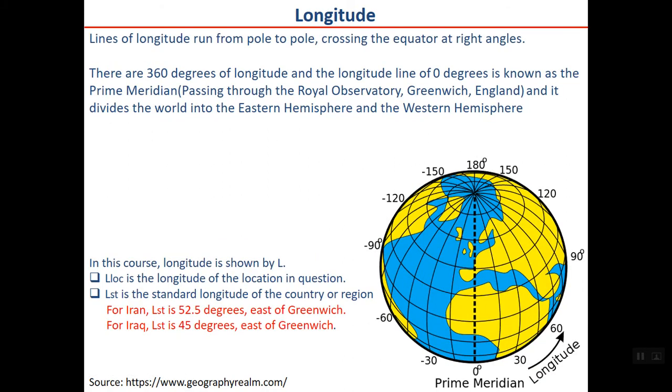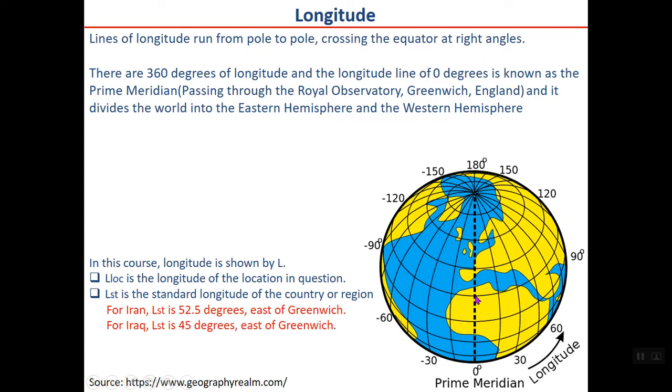The next parameter, as I noted before, is longitude. Lines of longitude run from pole to pole. This is the North Pole and here the South Pole, crossing the equator at a right angle.